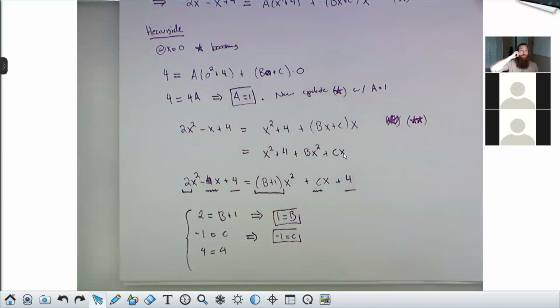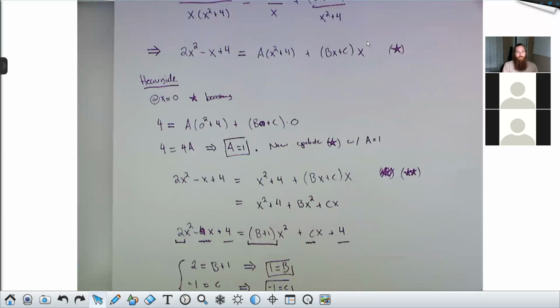So the Heaviside trick still made our life substantially easier in 2 ways. First, it gave me the value of a right out of the gate. That's awesome. Second, the updated version of star was much simpler than the original version of star, right? Compare star and 2-star. This is relatively complicated. It has 3 unknowns, a, b, and c. This has 2 unknowns, just b and c. And what's more, after you combine all your like terms, we could call this 3-star if we wanted.